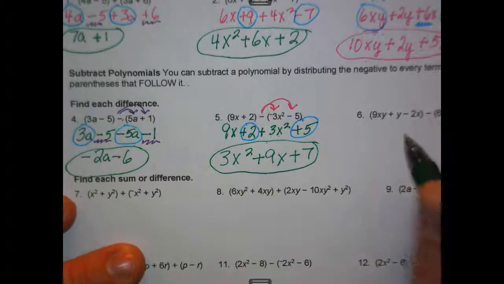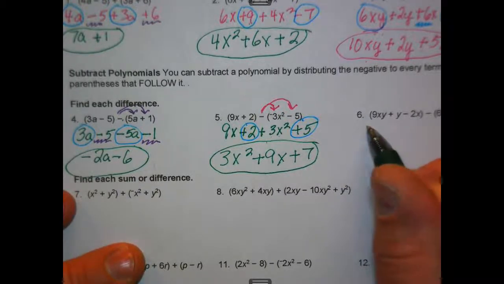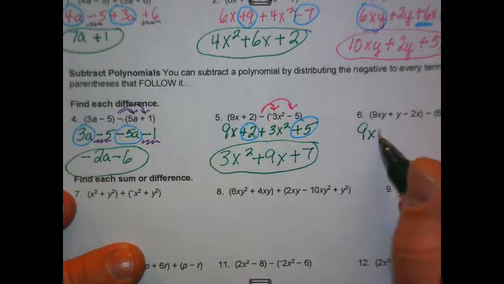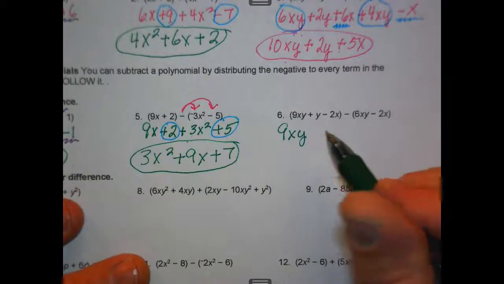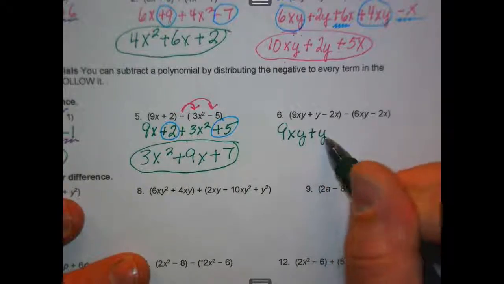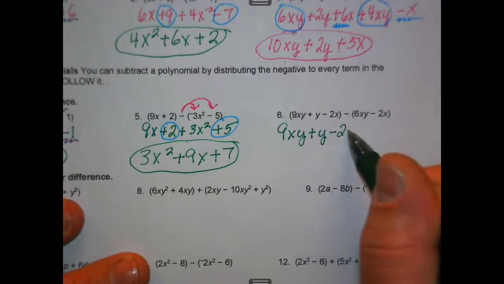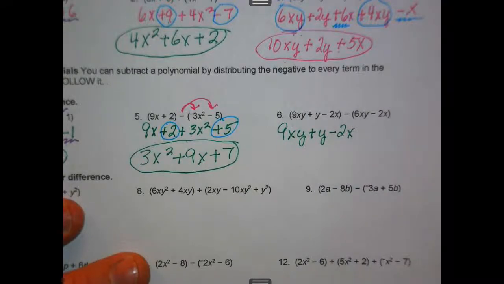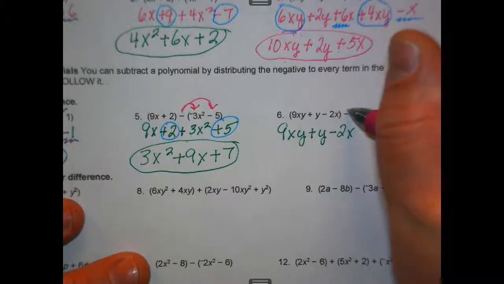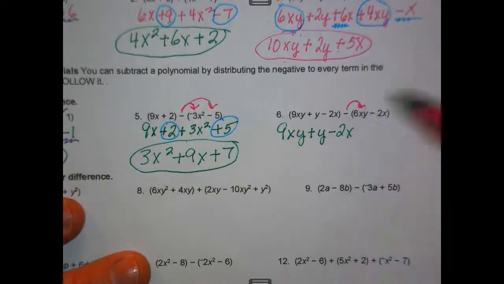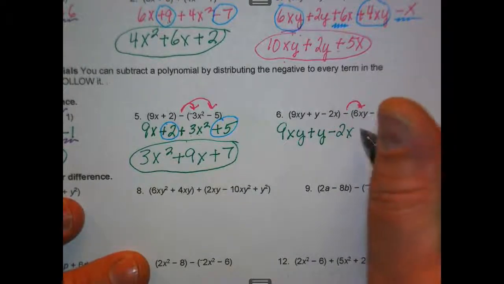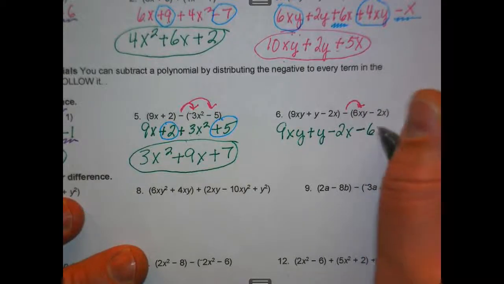First quantity, I have a plus in front of it, so just drop the parentheses. 9xy plus y minus 2x. Second set, I have a minus 1 in front of there, so I have to distribute. Minus 1 times positive 6xy is a minus 6xy.